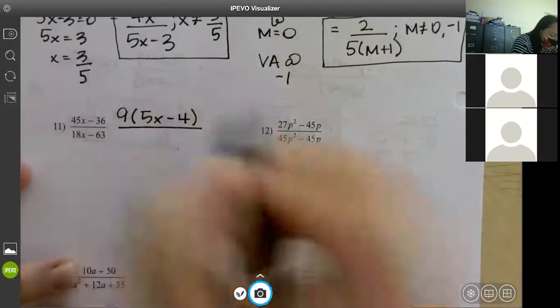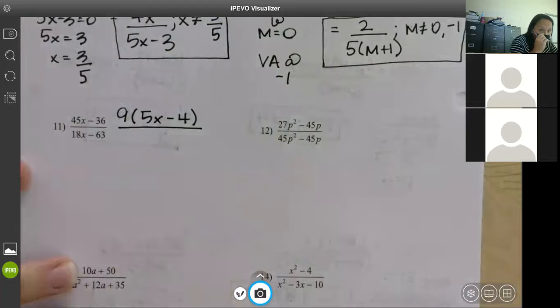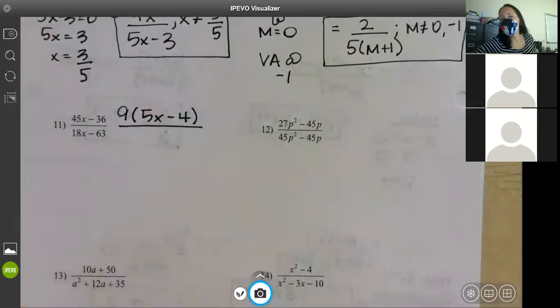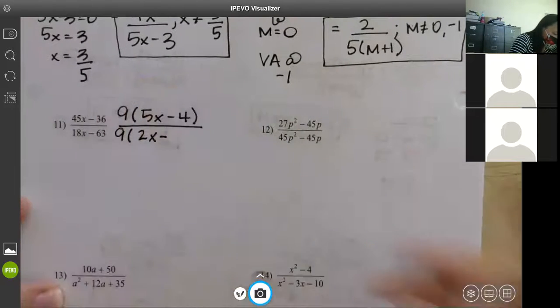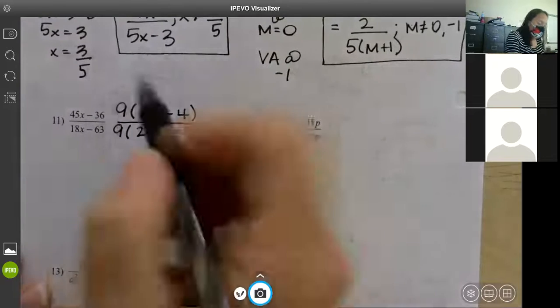On the bottom, what can I take out? Take out a 3. More than that, I heard a 9 in here. That's perfect. 2x minus 7. Your 9s will cancel out.